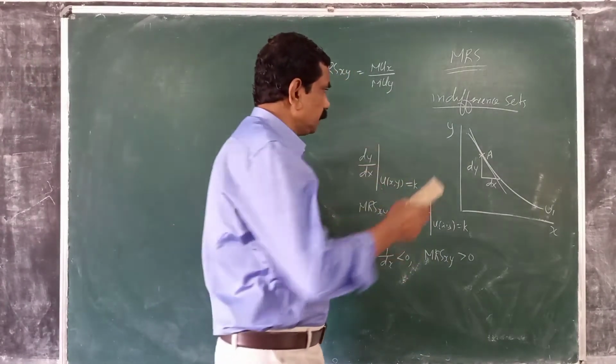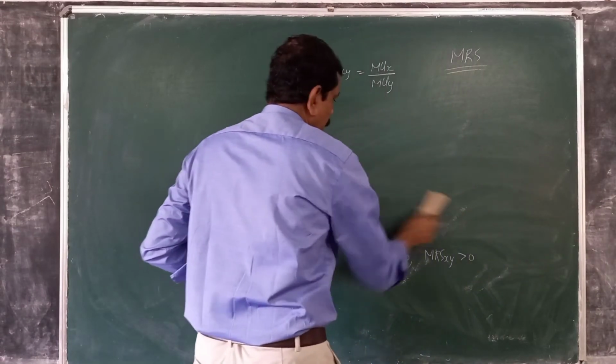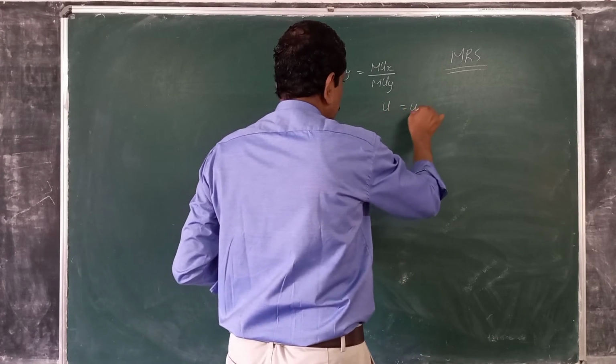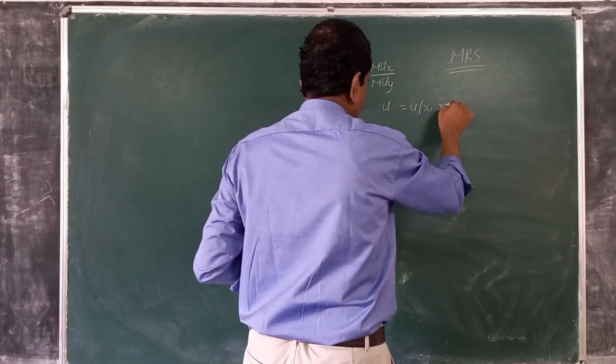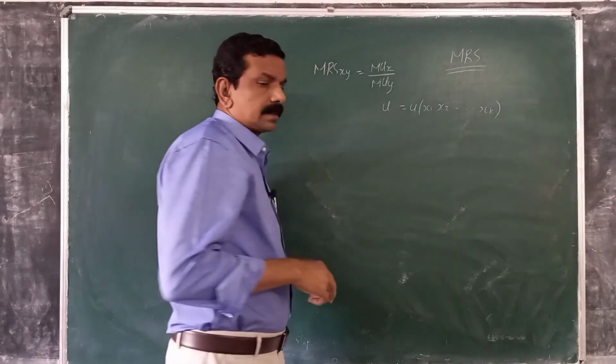Now we can derive this result very easily. Let the utility function be u is a function of x1, x2, etc., xk.